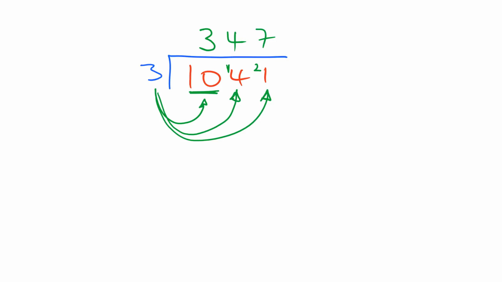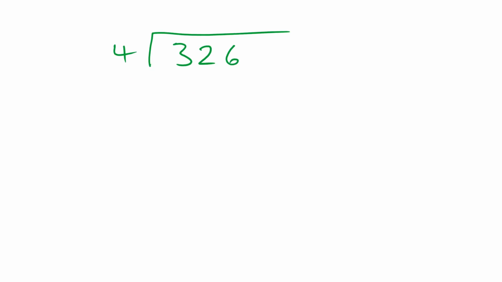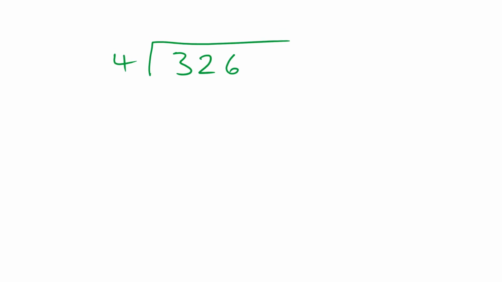Now, what happens though if we get some kind of remainder? So let's have a think about this one. 326 divided by 4. Just set it up that way. If you think you can have a go, because this won't go in exactly, okay? You're not going to get an exact answer.